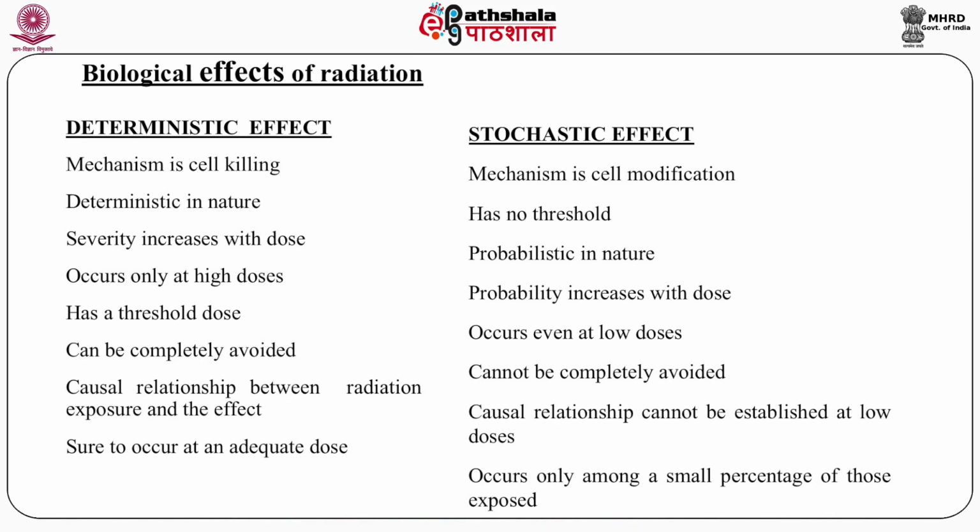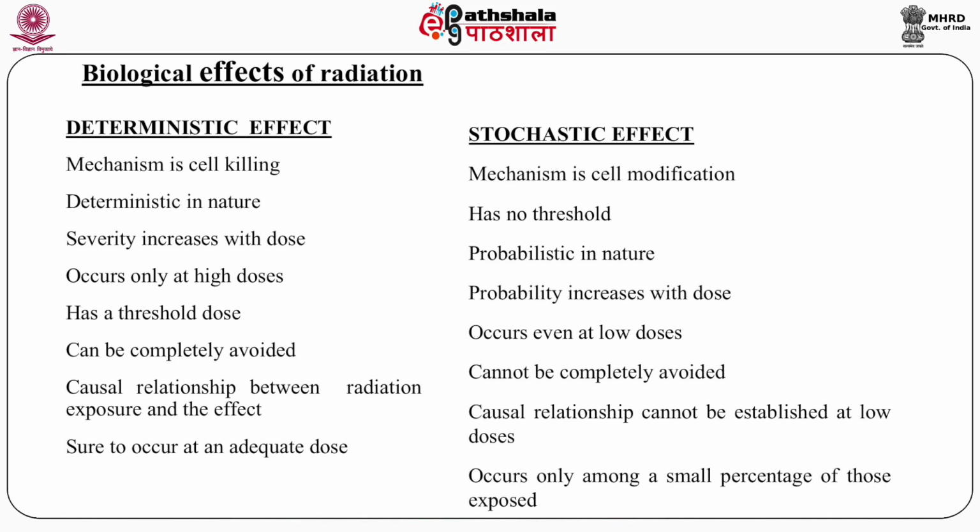Deterministic effects: the mechanism is cell killing. Deterministic in nature means the effect is certain to appear. Severity increases with dose. As the radiation dose increases, the severity of the observed effects also increases.